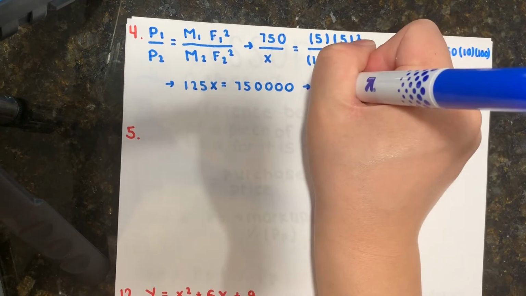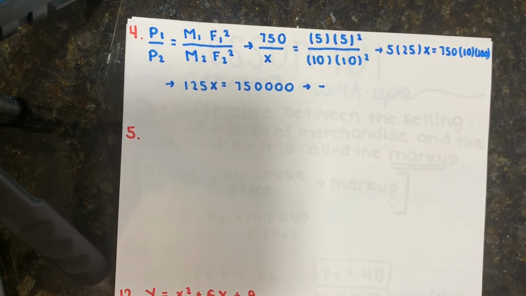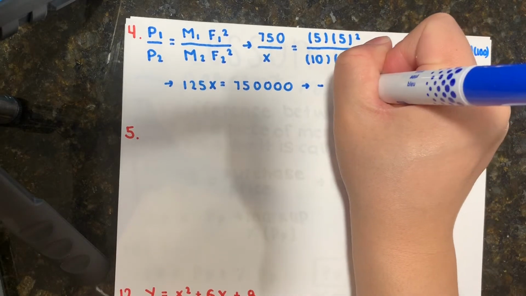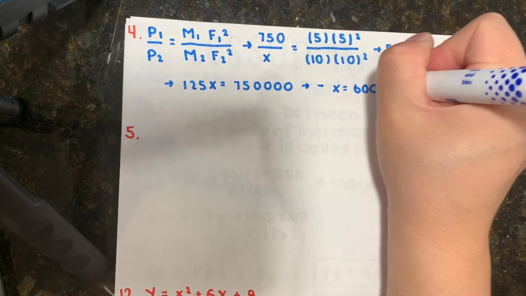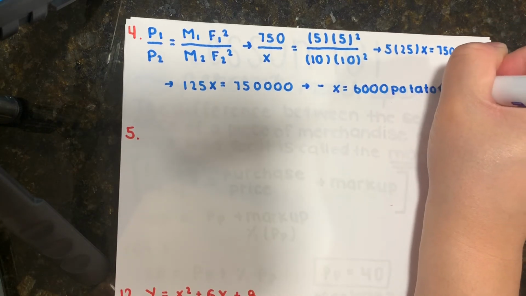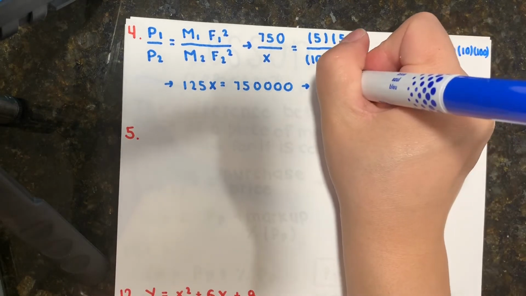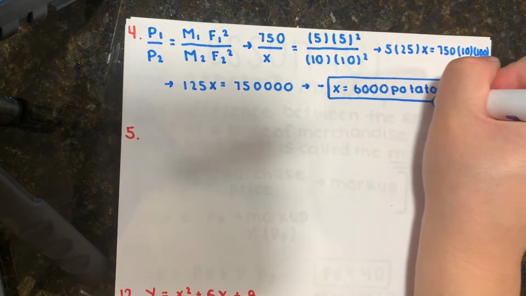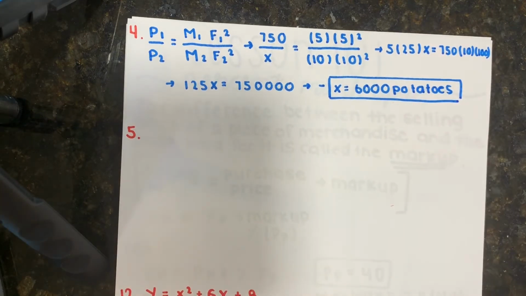And when I divide by 125, I get x is equal to 6,000 potatoes. Okay, and that's your result for number 4.